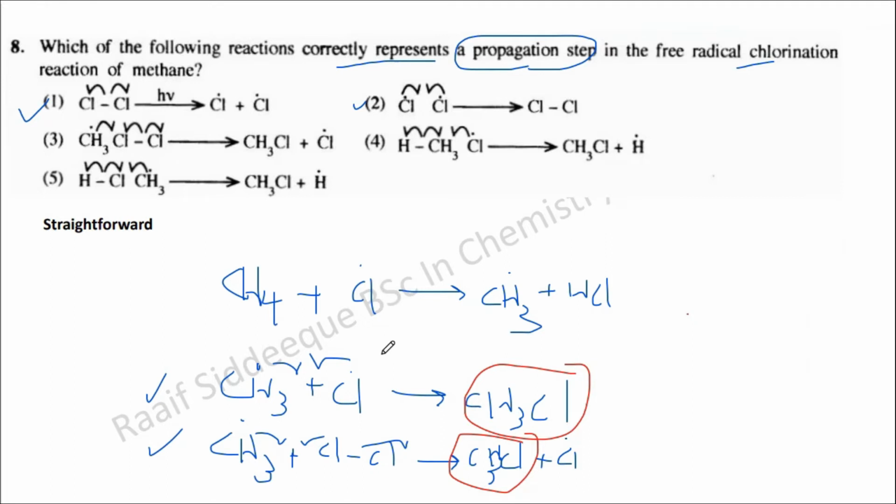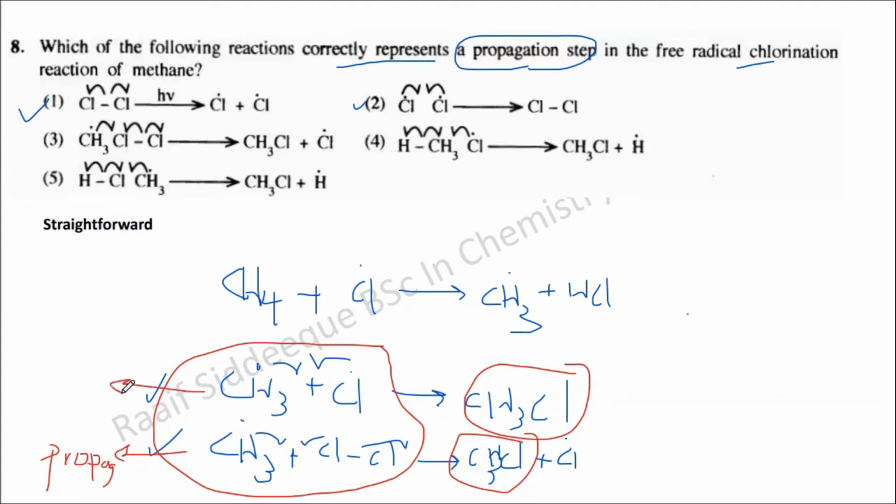But identify these two steps. These two steps are different steps. For example, this last step is a propagation step, right? I will tell why it is propagation later. So this is propagation, and this second step is a termination step.